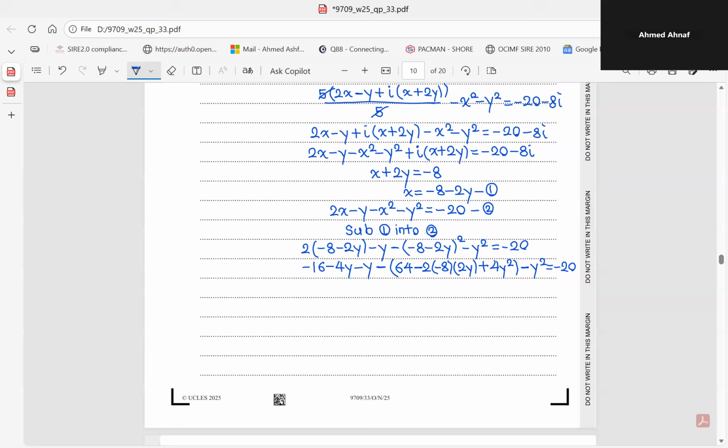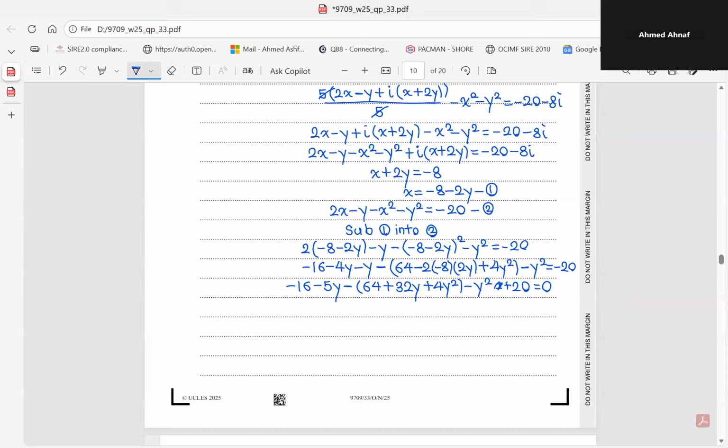Okay, so I'll just simplify everything. So minus 16 minus 5y minus 64. 16 times 2y, that's plus 32y, plus 4y squared, minus y squared. Okay, I'll move the negative 20 over here, so plus 20 equals 0.